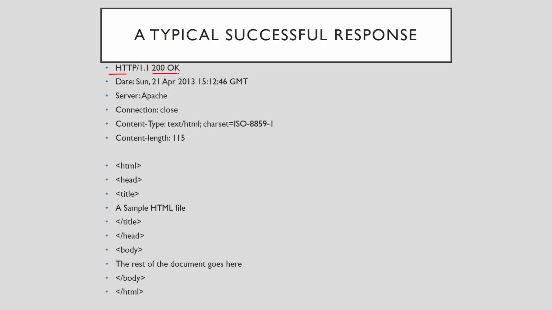The other header lines identify the date the request was made in the server's time frame, the server software, which is Apache, and a promise that the server will close the connection when it's finished sending, the MIME media type, and the length of the document delivered, not counting this header.